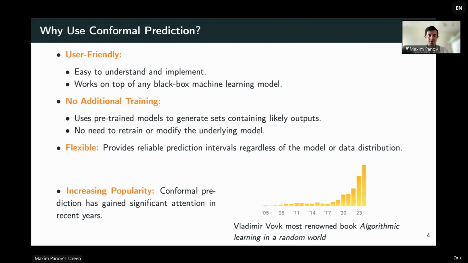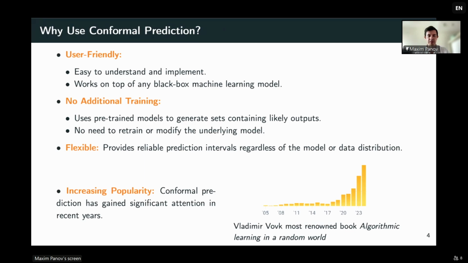So why do people currently use conformal prediction quite extensively? In particular, it became popular in the machine learning community. There are multiple reasons. First of all, the conformal prediction methods, which I will introduce on the next slide, are easy to understand and implement. They usually work on top of any black box machine learning model. And you usually don't require any additional training, so you use only some very simple operations like quantile computation.